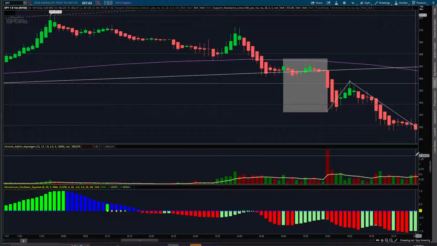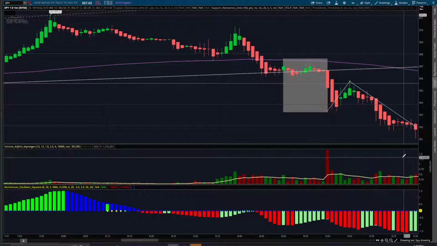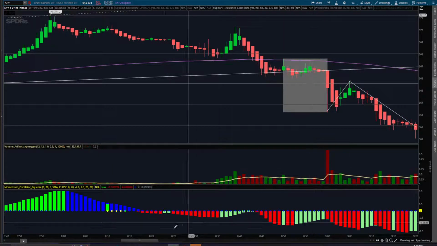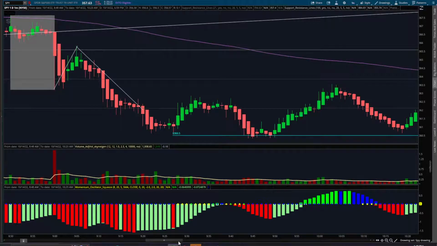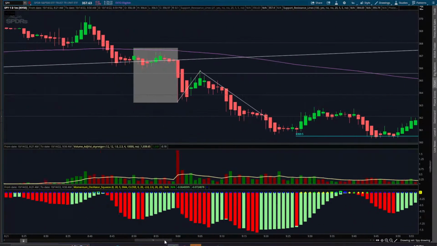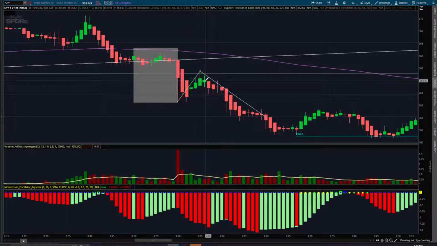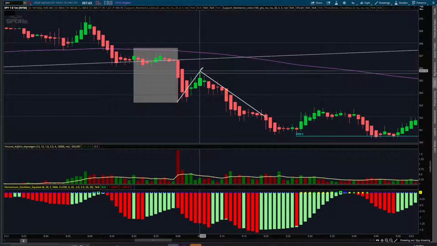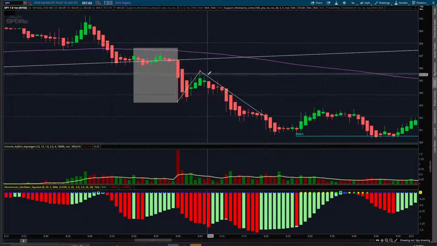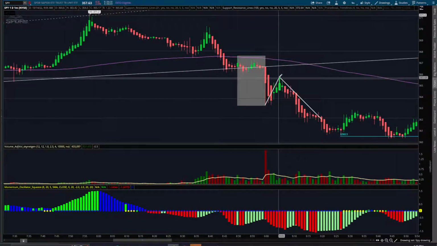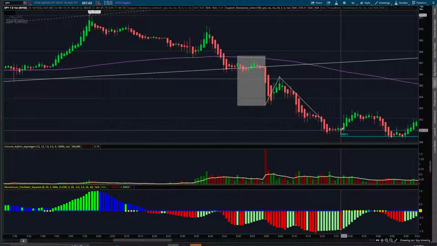Big downside. To the downside, right? And so from here, 365 to 360, that's a $5 move right there. So a lot of money can be made in this move, right?